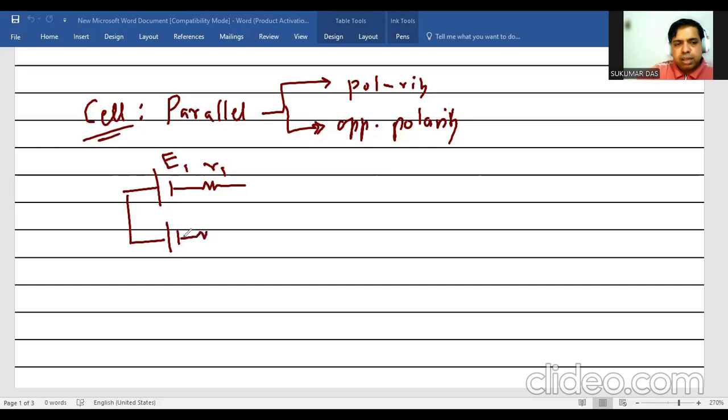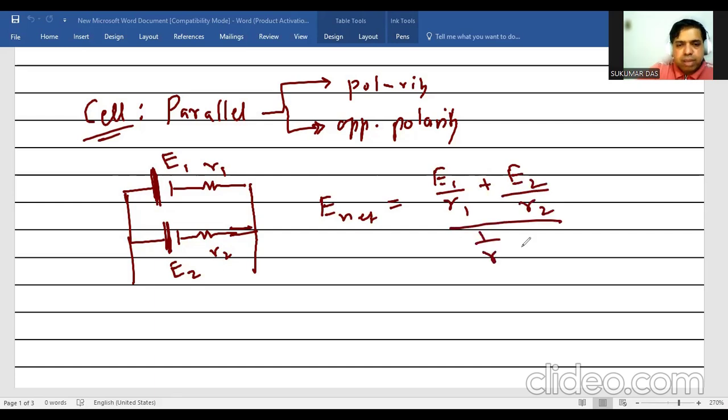It is connected in parallel to another cell, E2 and r2. Since these two cells are pointing in the same direction, we will say that they are connected in parallel with same polarity. So here net EMF will be given by E1 by r1 plus E2 by r2, divided by 1 by r1 plus 1 by r2. And the net resistance will be given by r1 r2 by r1 plus r2. This can be extended to n number of cells.